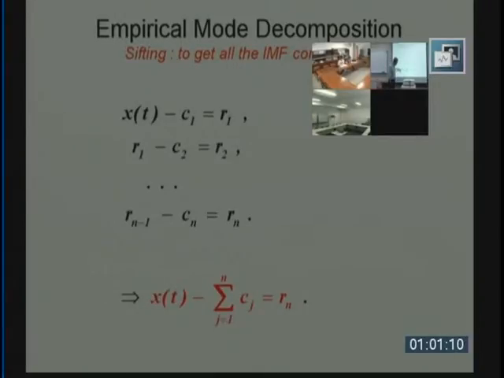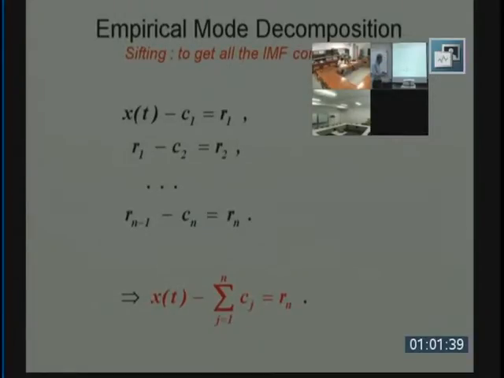So this function can be expressed by a sum of Cj. Each Cj is an intrinsic mode function. So in this case, we expand X in terms of intrinsic mode functions. Therefore, the intrinsic mode functions become the basis of our expansion.